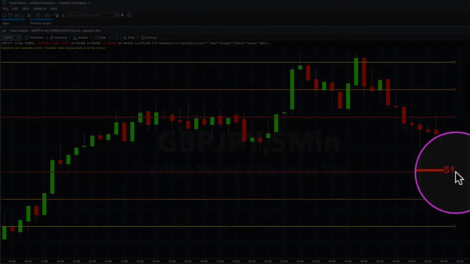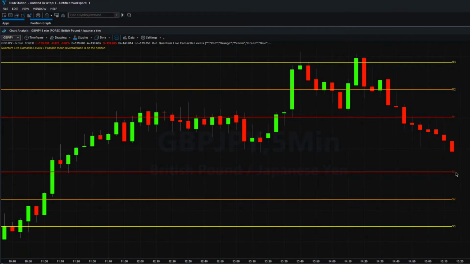And in terms of potential targets for these reversal opportunities, when we get a reversal as we have here, we've approached the R3 level, you can see. We are now seeing that reversal come into effect. In terms of a potential target for that reversal, what we're looking at then is the other end of the spectrum. So we're looking down here at the S3.